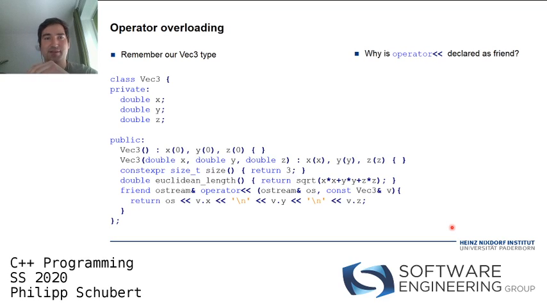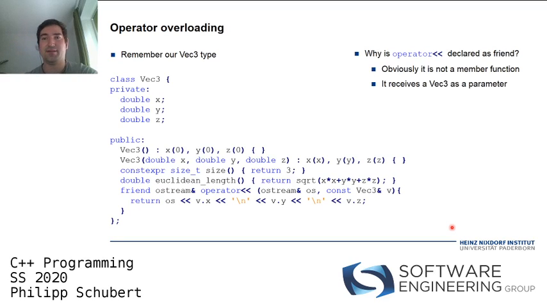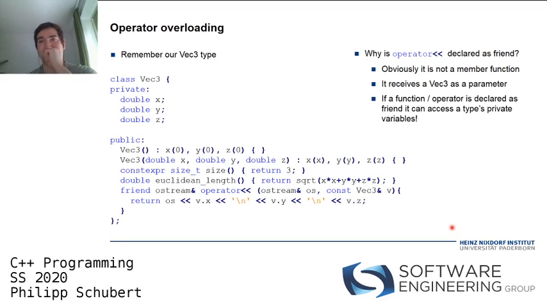If we defined it externally, outside the type's definition, we would not need to use friend here. All right, and now we can construct a vector variable of type vec3, use the second constructor to initialize its member variables with 4, 5, and 6, and then use the left shift to print it to the command line.